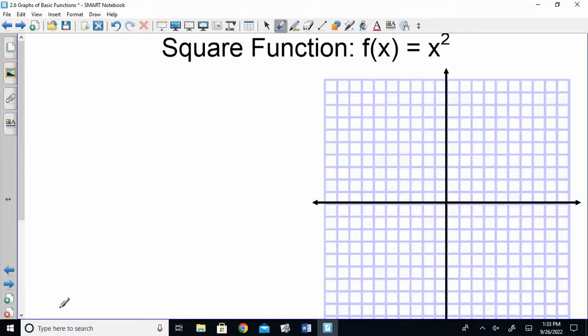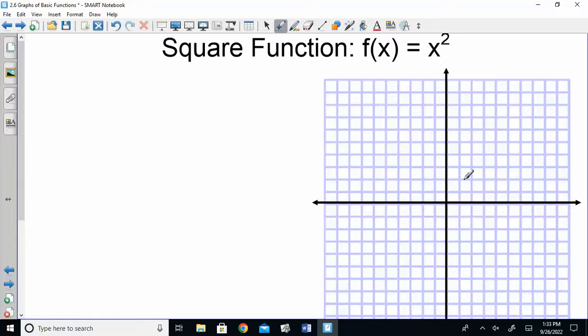Next one. f of x equals x squared. What's that look like? A parabola. My general rule for any of these graphs is I'm going to want a minimum of 3 exact points.